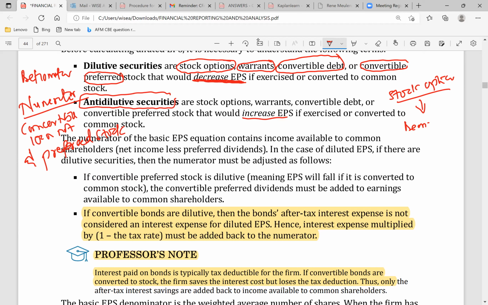So that should be at the back of your mind: if I'm calculating diluted earnings per share, only the convertible loan note and the convertible preferred stock will have an impact on the earnings used as the numerator. But all of them will have an impact on the number of outstanding shares that we use to calculate. So let's go on quickly.